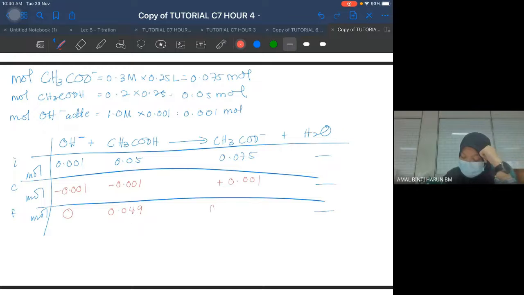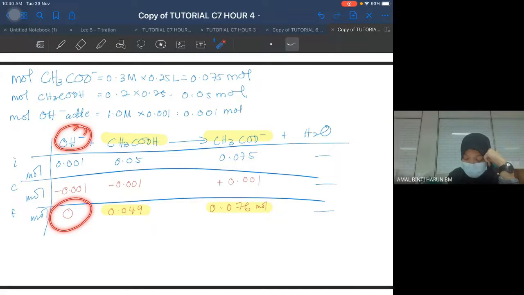So final mol dia adalah 0.076 mol. Dan kita dah dapat mol bagi acid, mol bagi salt dalam kita punya buffer. Okay, by right this one no longer exists because the strong base added is being neutralized.